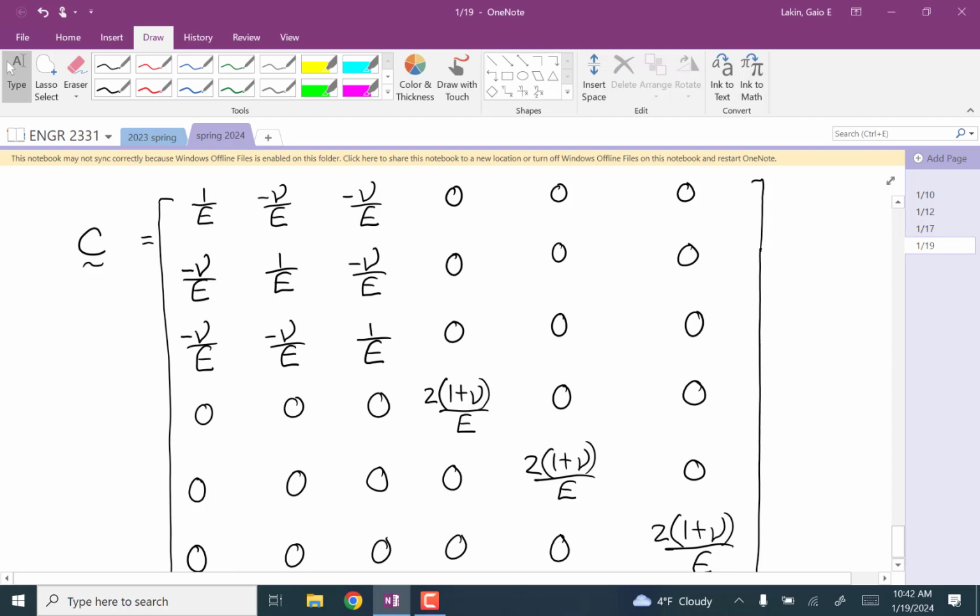I don't think I have the values written down here, but you can see that all of these values are tiny because you have pretty small numbers divided by something gigantic like 10 to the 10th or whatever. If you take the inverse of it, all of the non-zero elements are huge. So this is the compliance for steel.